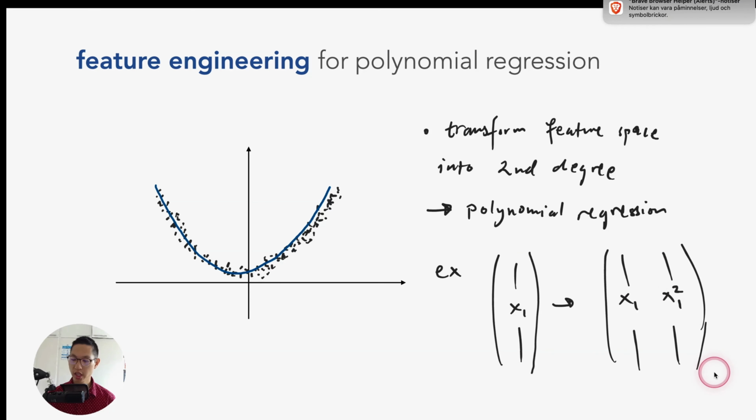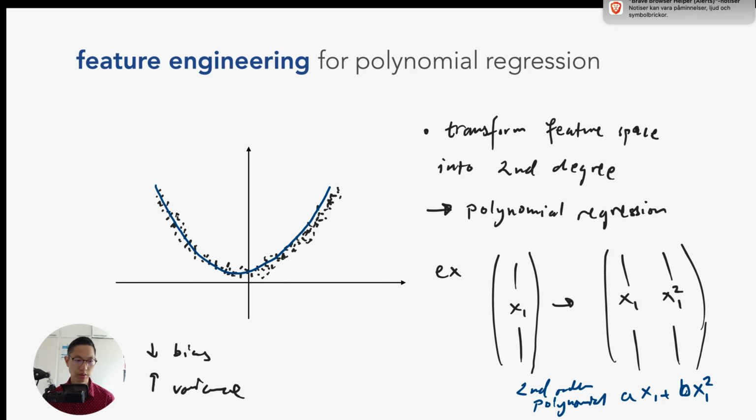We'll go into the practicalities of how to do that later on, but just make sure you know this is possible, that you use some feature engineering and make your one feature become two features by using some kind of transformation. Here we have ax1 plus bx1 squared in order to capture this curve. This is a second degree, or second order, polynomial.